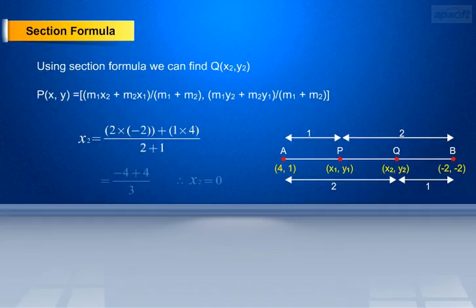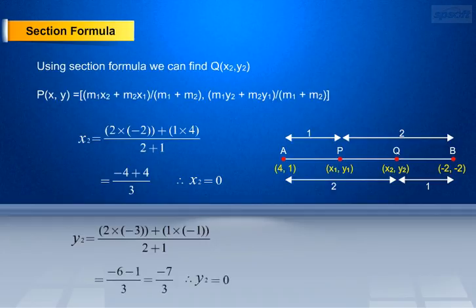This implies that x2 equals (-4 plus 4) divided by 3. This implies that x2 equals 0. Therefore x2 equals 0. y2 equals (2 into -3 plus 1 into -1) divided by (2 plus 1). This implies that y2 equals (-6 minus 1) divided by 3.